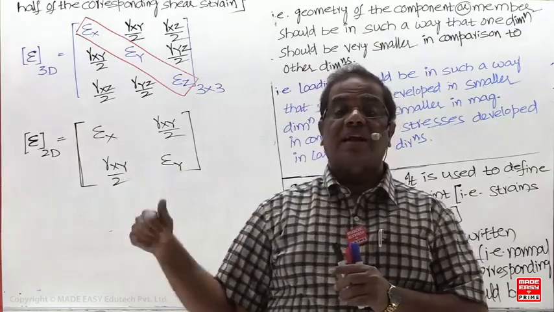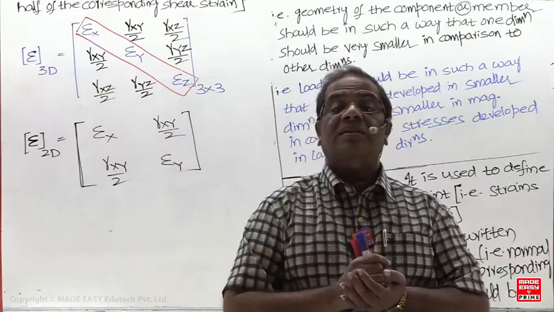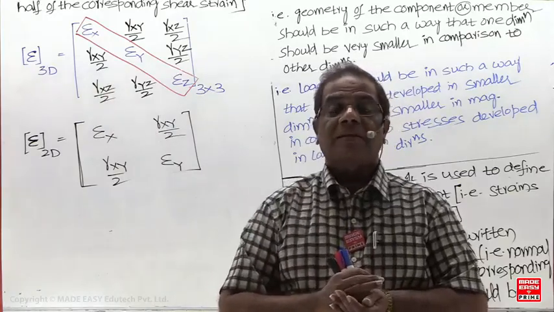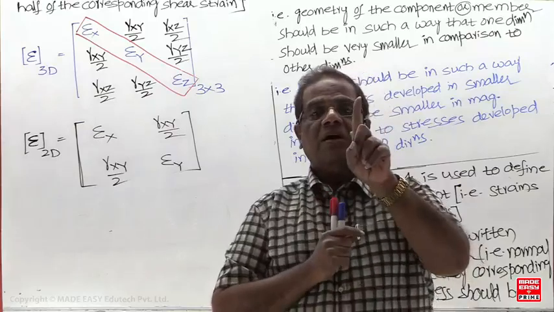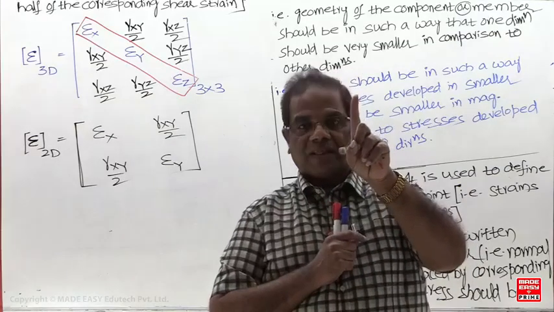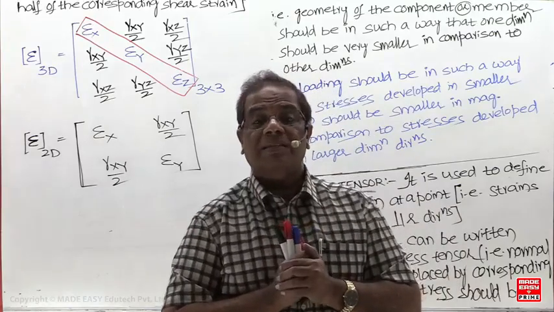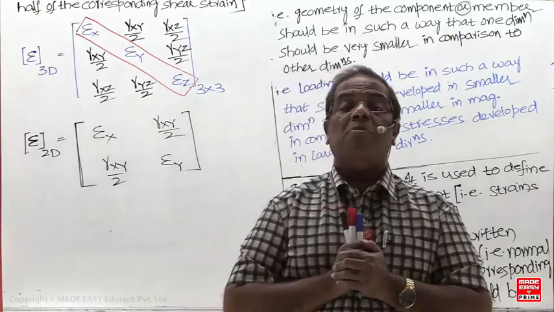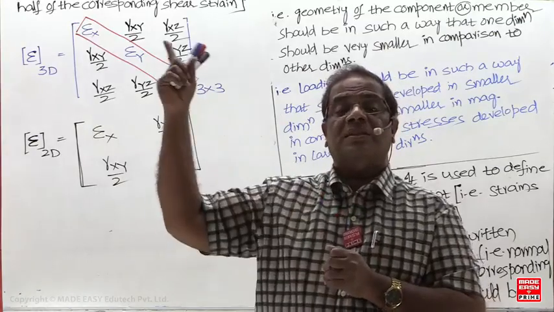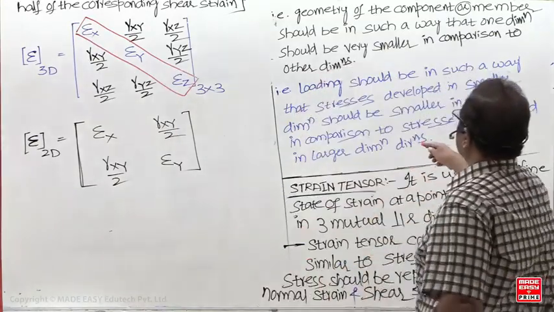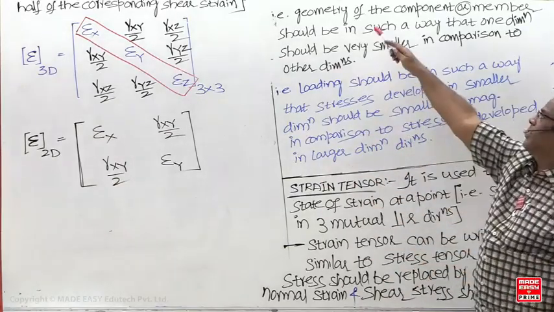Same thing here about the strains: strain in one direction should be very small in comparison to strains in the other two directions. For a plane stress problem, the geometry should be such that one dimension is very small when compared to the other two dimensions, and loading should be such that stresses developed in the smaller dimension direction should be smaller in comparison to stresses in the larger dimension. But if you go for plane strain, what change do you have to make?